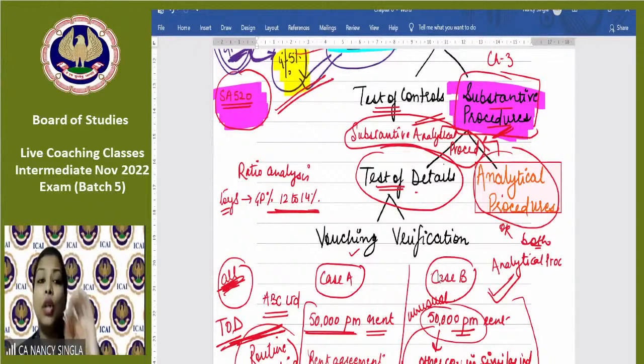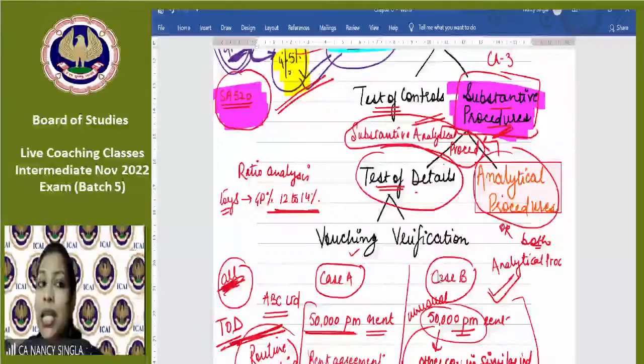ठीक है? So now, पहले हमने पढ़ा risk assessment procedures में analytical procedures होते हैं, substantive procedures में analytical procedures होते हैं.